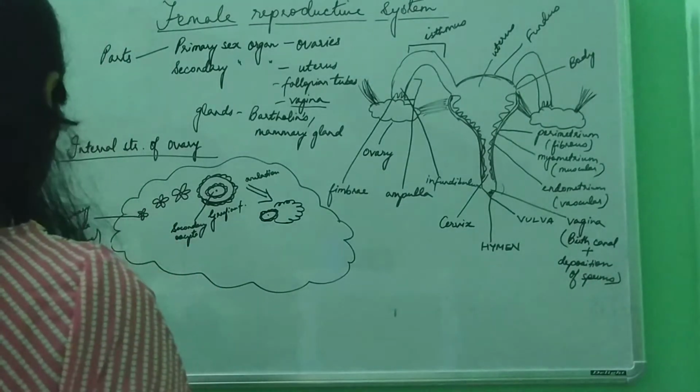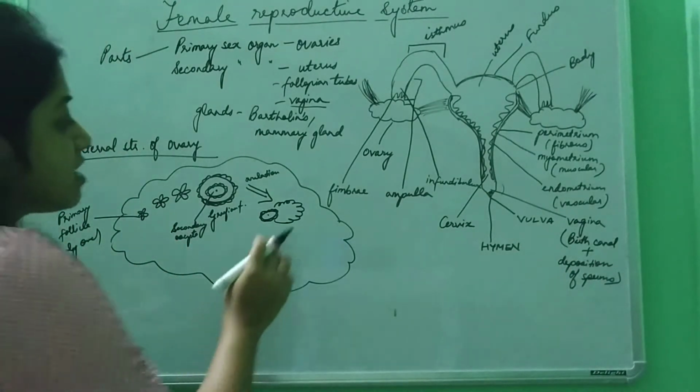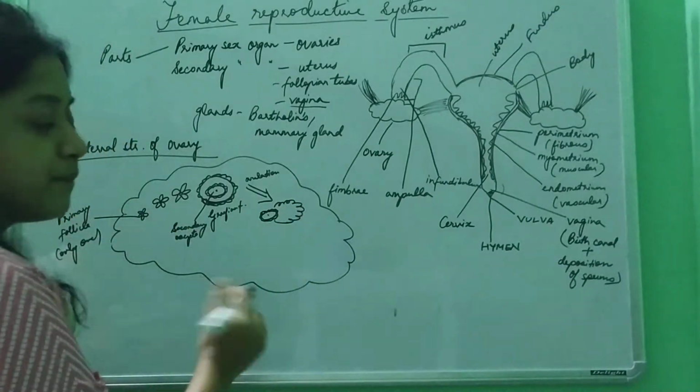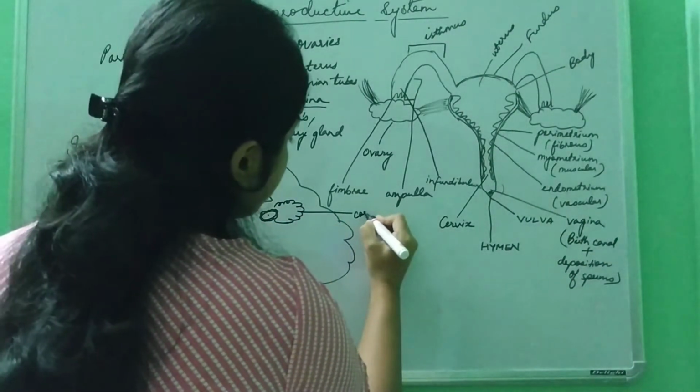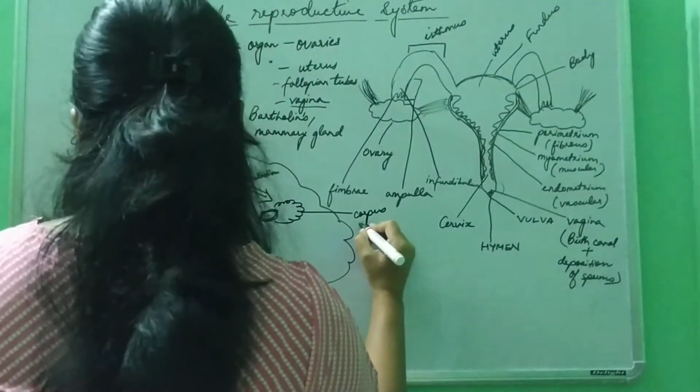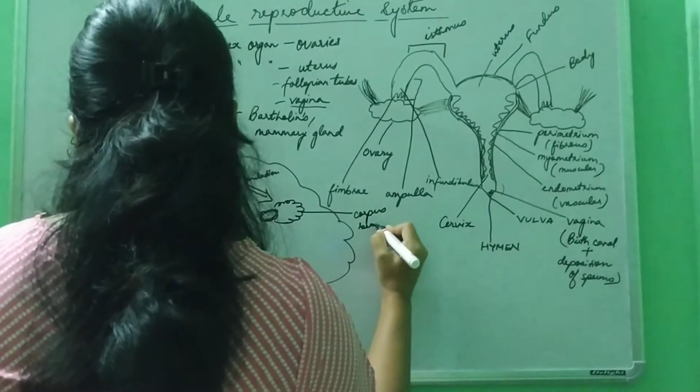So ovulation is done, and this ruptured follicle is known as corpus hemorrhagium.